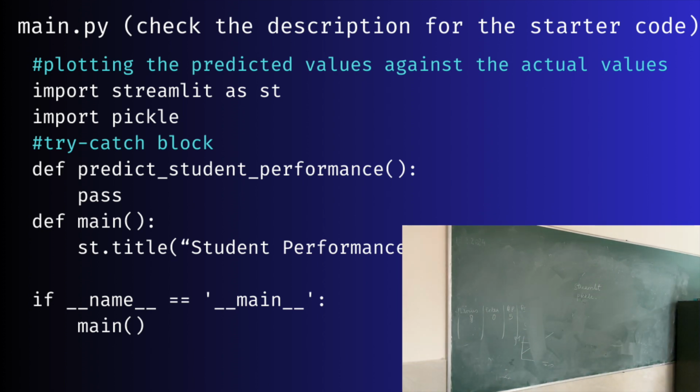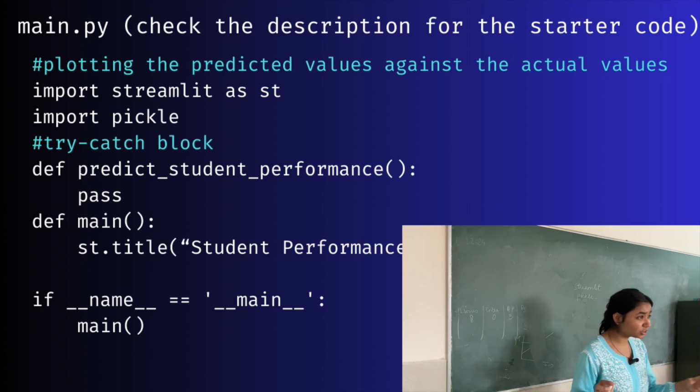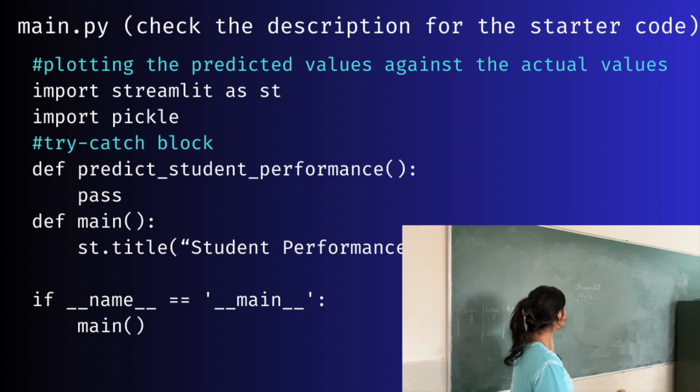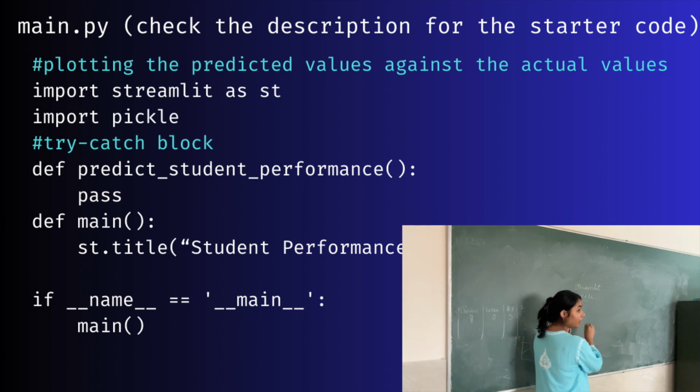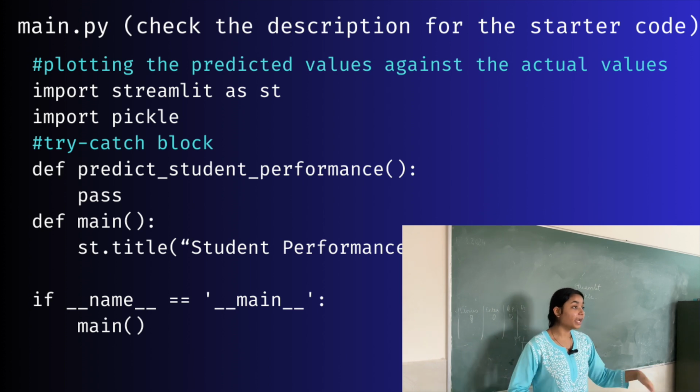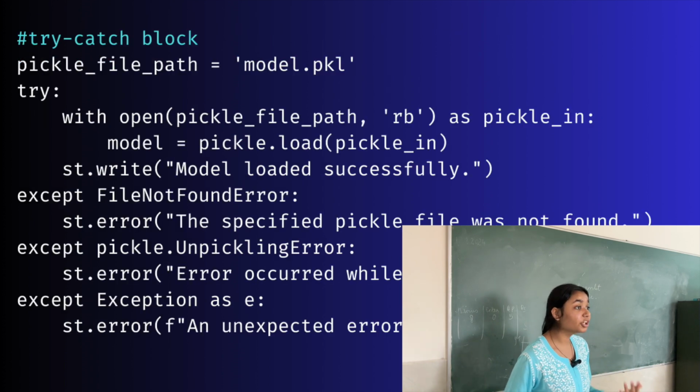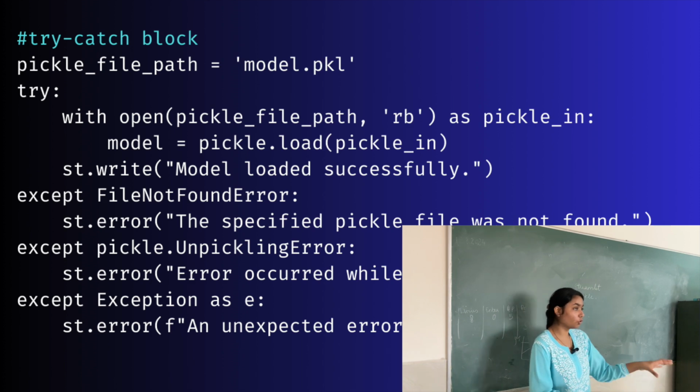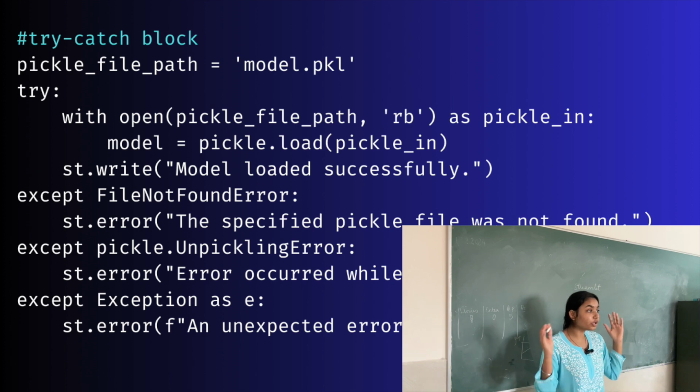Now, the next block of code, you don't have to understand it. It's a try and catch block. I'll just explain it a little bit. What it does is, it tries to get a model.pickle file. And if that doesn't work, it tells us that there's some problem. Because normally, if I just wrote, get the model file, and there was an error, the model wouldn't be able to handle it and our entire app would shut down.